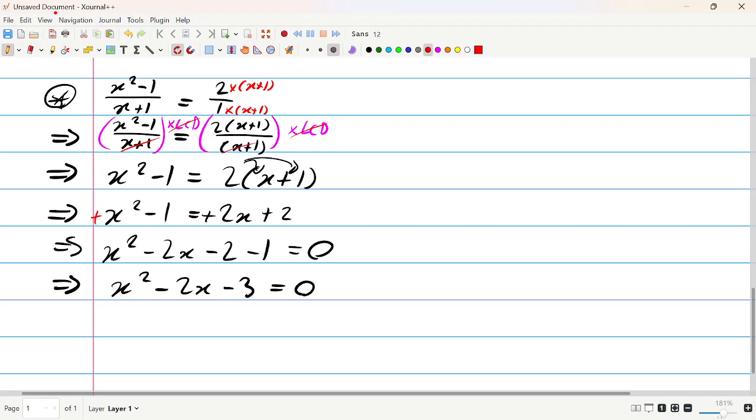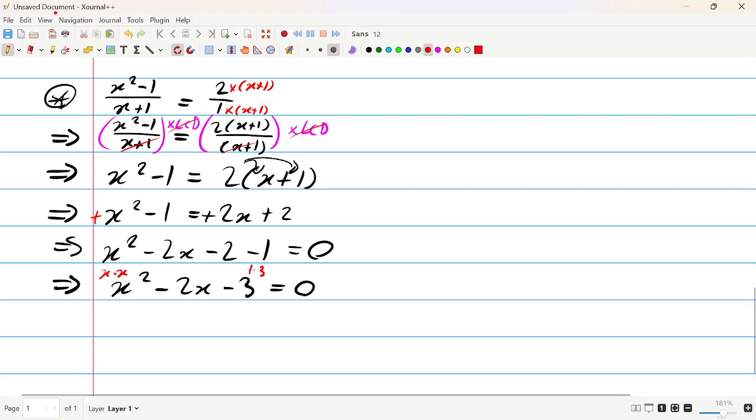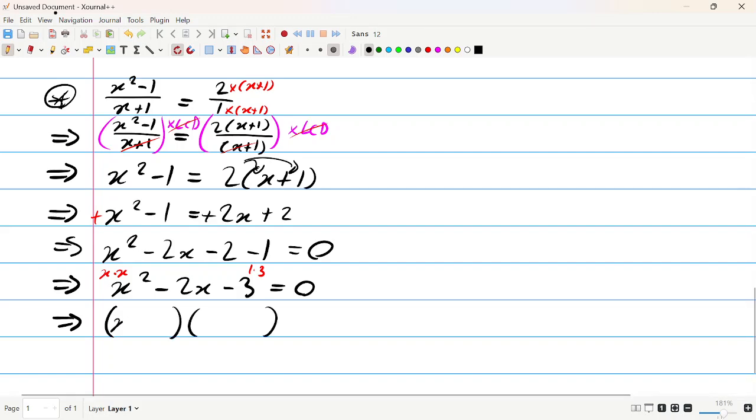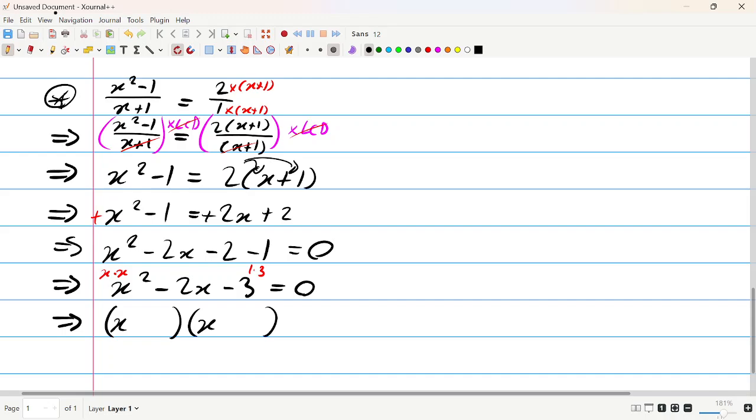Now we can factorise. For our factors, we have x multiplied by x, and we have 1 times 3. 3 is a prime number, so you can't have any other factors. So we do our brackets: x on this side, x on this side, 1 and 3 over here. The highest sign gets the negative, so 3 gets the negative.